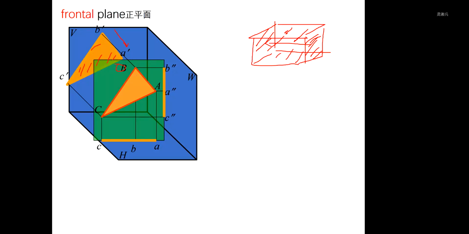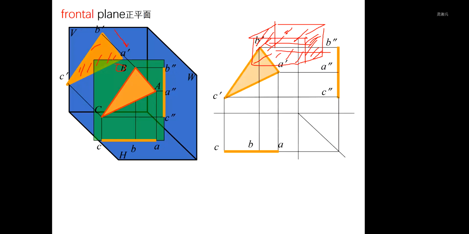Here, if you find the projection, you have found this plane is perpendicular to the H and perpendicular to the W, which means it is parallel to the V. So you can find here is a line, and here is a line.